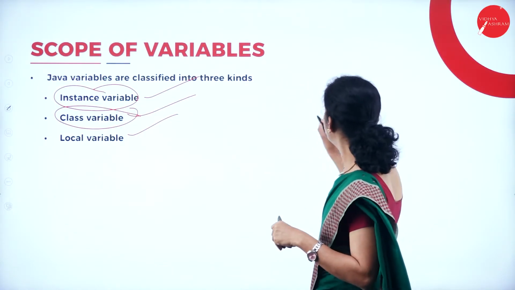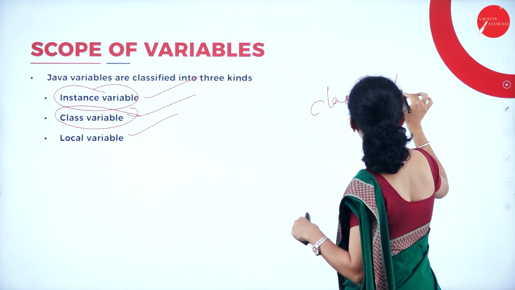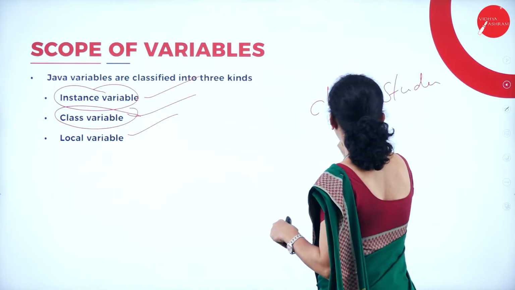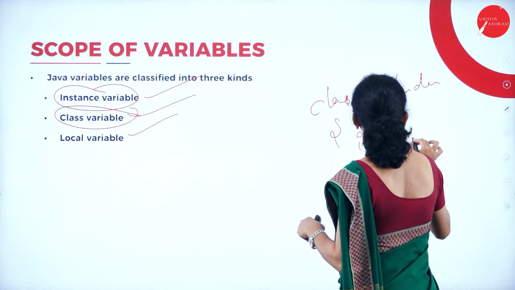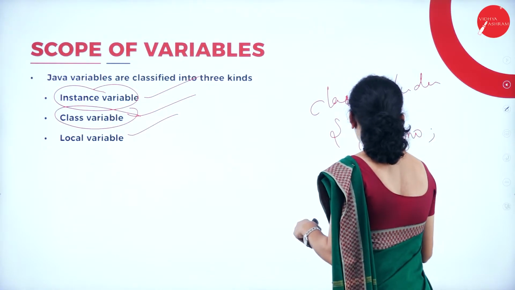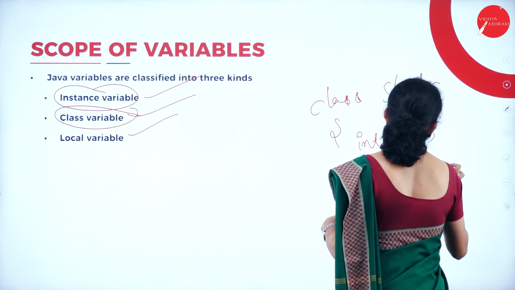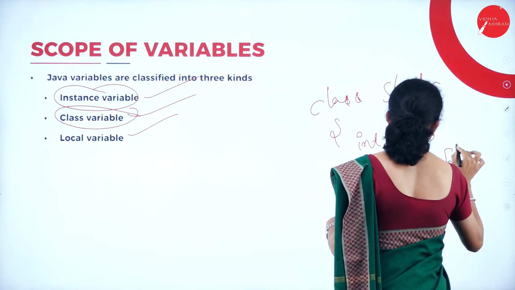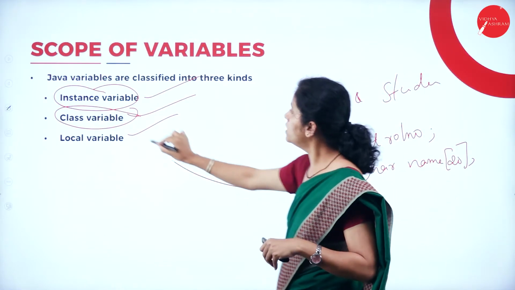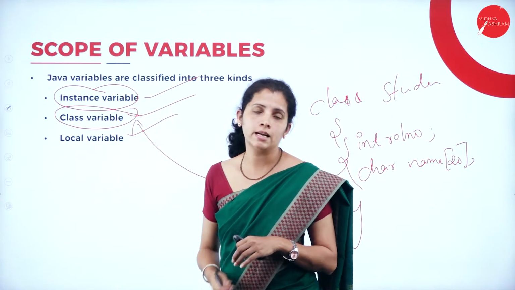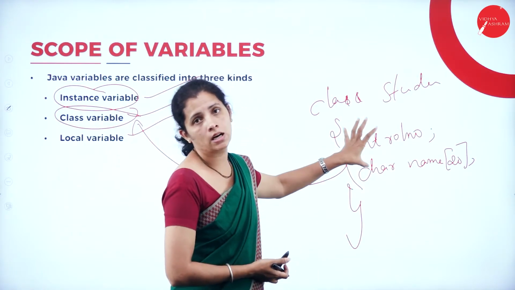For example, if I write class student, and if I write int rollnumber, then char name, these things are called class variables. That means I declare the variables within the class.